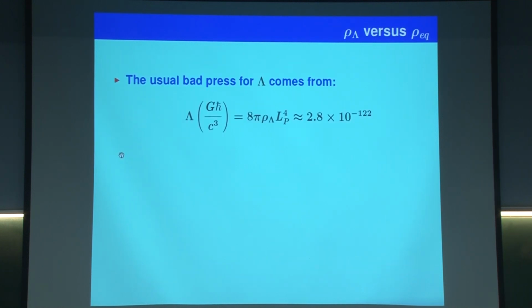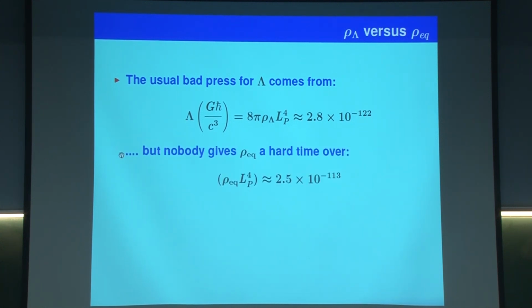So, now let us go back. The reason I brought this up is that everybody says, lambda has a fine tuning problem and all that. So, everybody says it is 10 to the minus 122. This brings back to your question. If you compute rho EQ, you get this number.